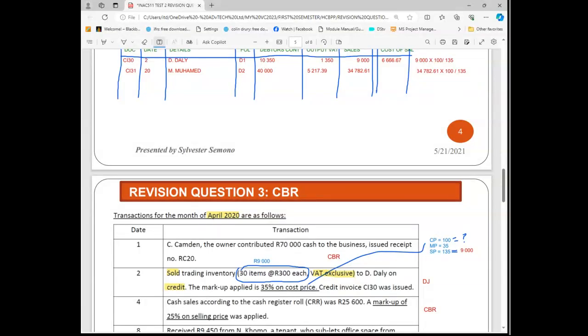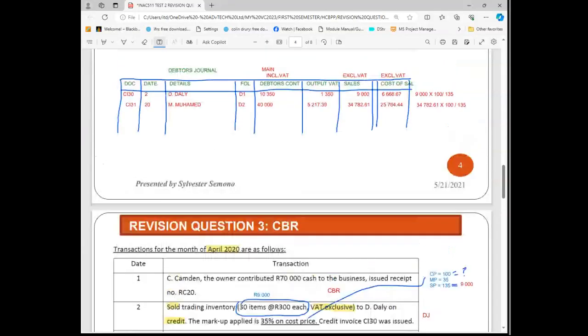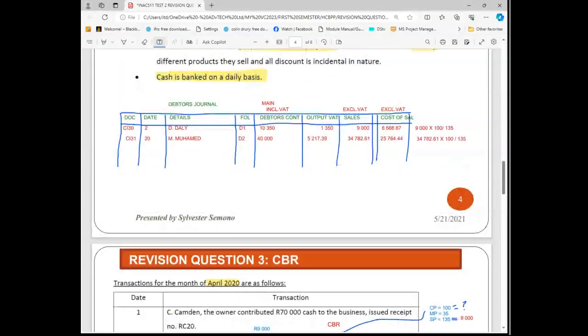That is 25,764.44. Perfect. I like this. Okay, let's just take a picture. No, I'll take the picture after everything. It's fine.